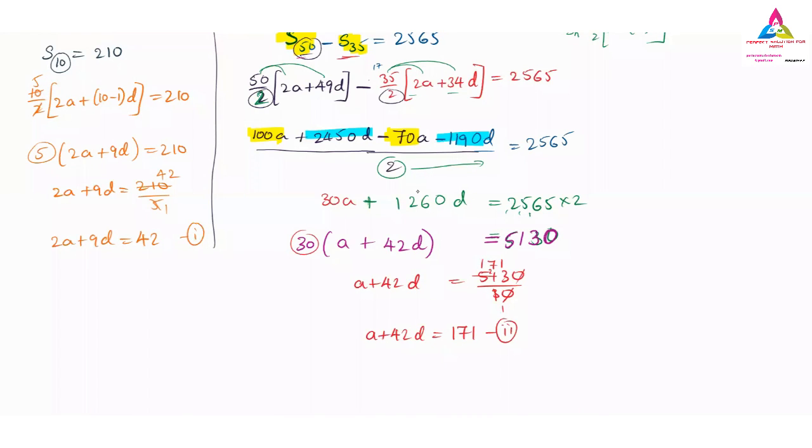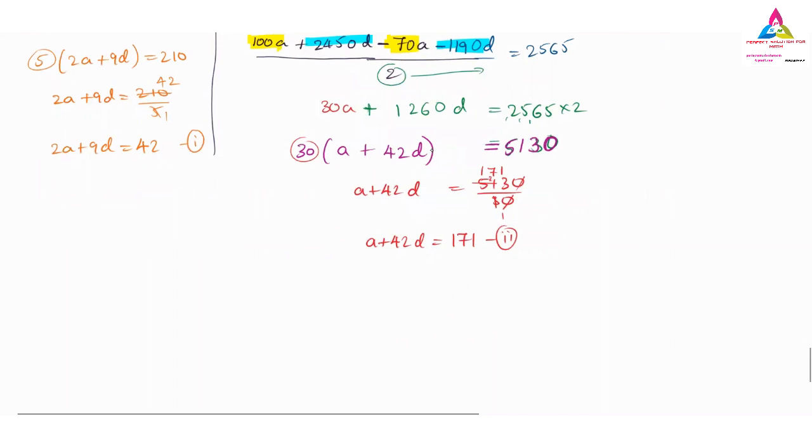So we got equation 1 and equation 2 now. So now we can simplify using the linear equation type. So what is that linear equation type? Just check equation 1, equation 2. Equation 1 we have 2a plus 9d is equal to 42, and equation 2 what we have is a plus 42d is equal to 171.